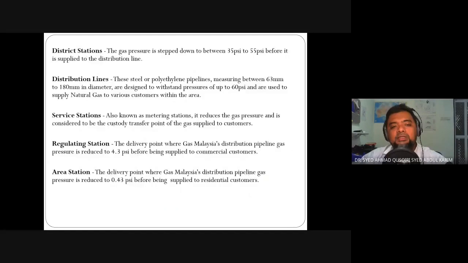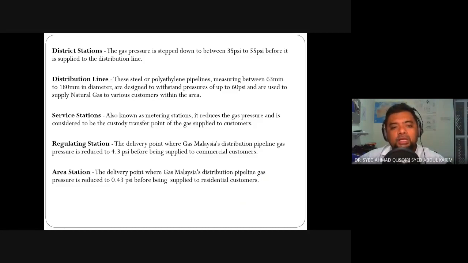The district station is the facility where the gas pressure is stepped down to between 35 to 55 psi before being supplied to the distribution line.